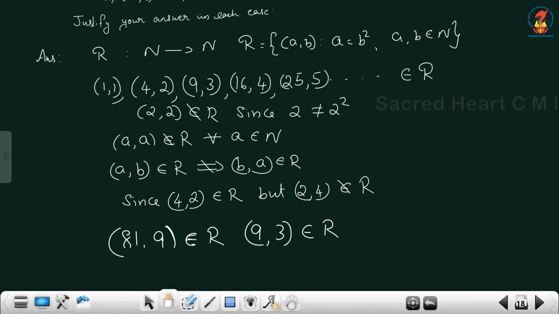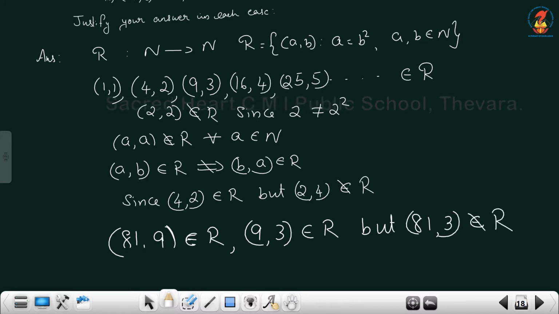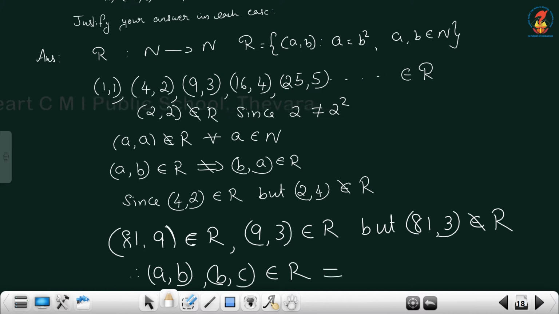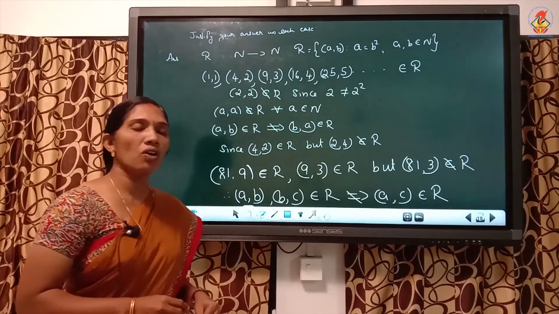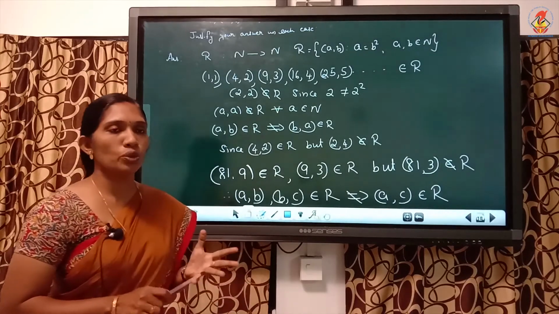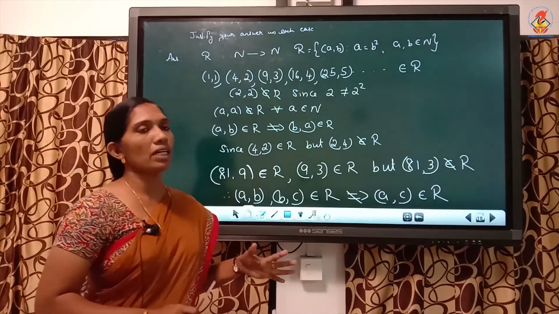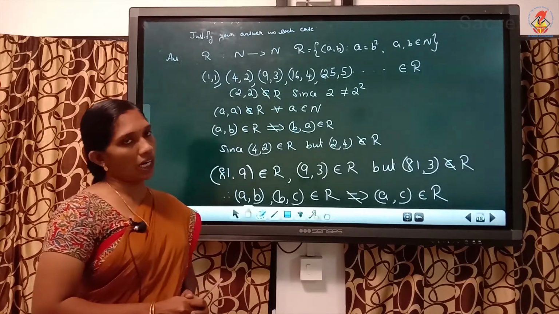So (81, 9) is an element of R, (9, 3) is an element of R, but (81, 3) does not belong to R. Therefore, (a, b), (b, c) belong to R does not imply (a, c) belongs to R. Understood, all of you? So the first one is (a, a) does not belong to R, since (2, 2), (3, 3), (4, 4) are not in R, only (1, 1) is an element of R.